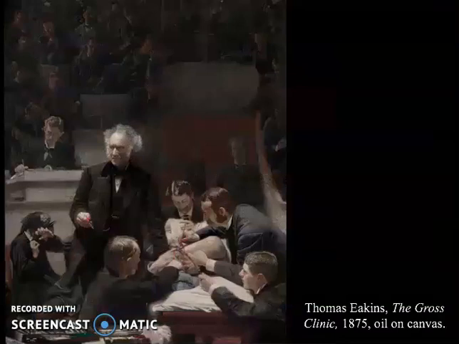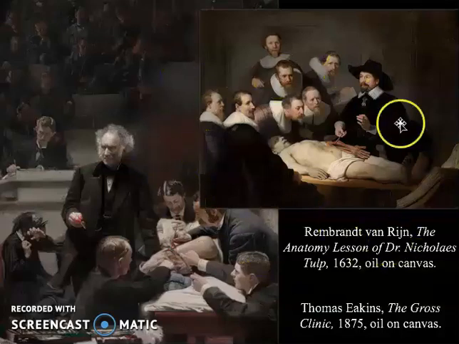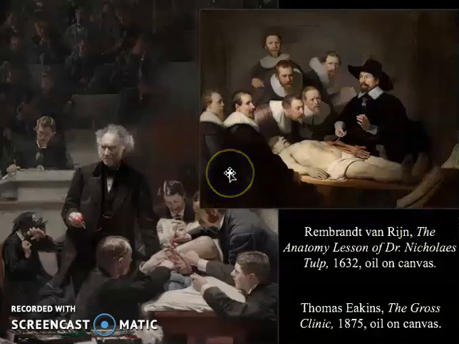Thomas Eakins' Gross Clinic is another very famous painting from America at this time, oil on canvas, in which he revives the old Renaissance tenets of Leonardo da Vinci with surgery and the dissection of cadavers. And so here you have this image very much based on Rembrandt's Anatomy Lesson of Dr. Nicolaes Tulp from 1632, in which they're breaking down the image of a cadaver.